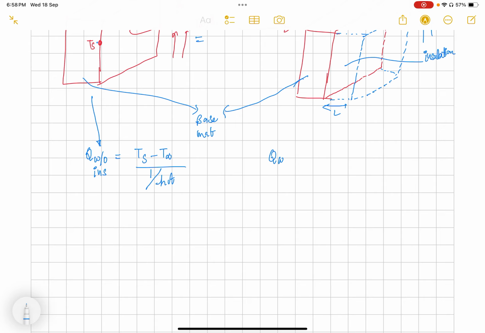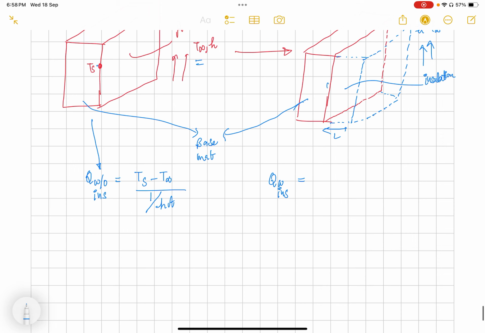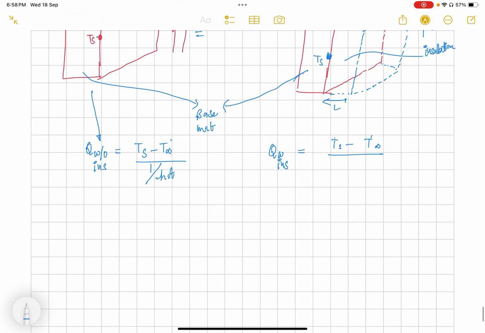But with insulation, it is again surface temperature Ts. We are assuming a fixed temperature drop, it means that Ts minus T infinity in both the cases, and this temperature difference is not changing with time.